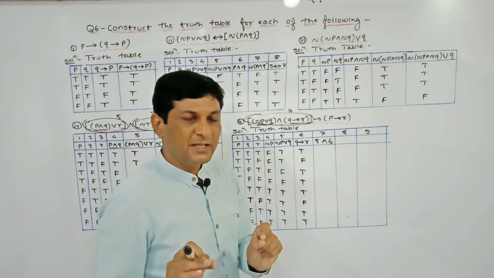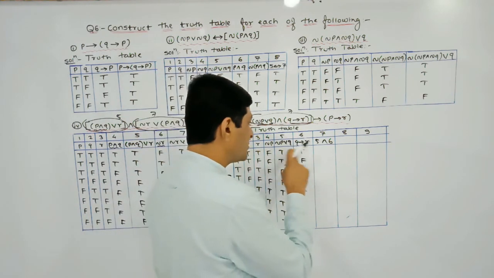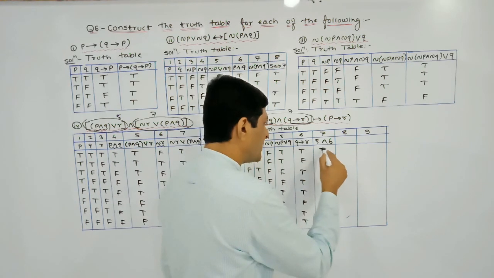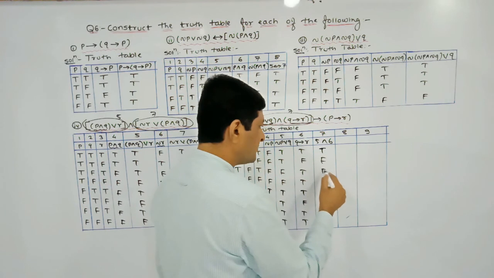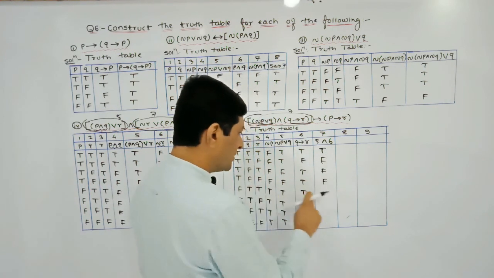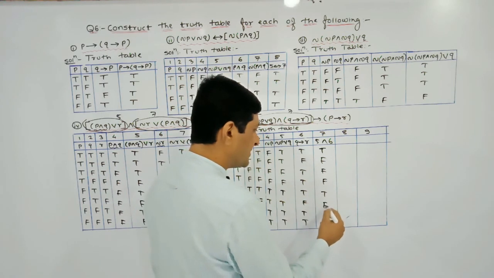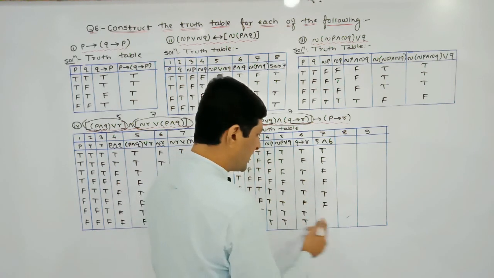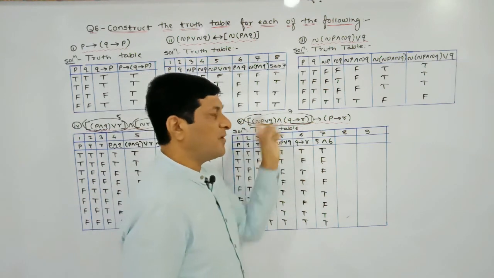In case of AND, if at least one statement is false, AND will be false. So here true, because false does not appear, so false, false, false, false, false, false, then both are true, so the result will be true. Here at least one statement is false, so the result is false. Both are true, both are true, so in this case we are getting true. In this way we have got the truth value of the first part.